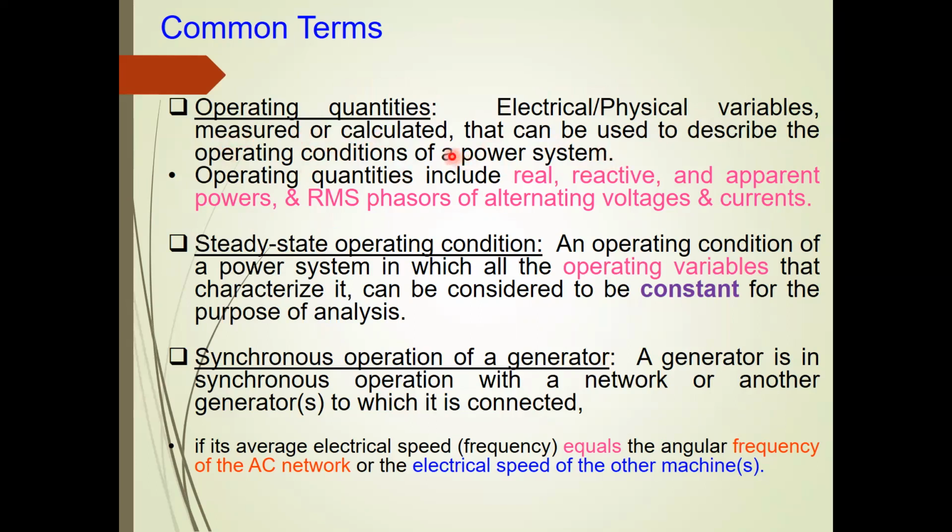If I say the frequency variable, frequency is 50 hertz. If I say the system bus voltage, let's say you have a bus network of 400 kV, and if you are able to maintain a bus voltage of 400 kV, it means that the system is very much stable.